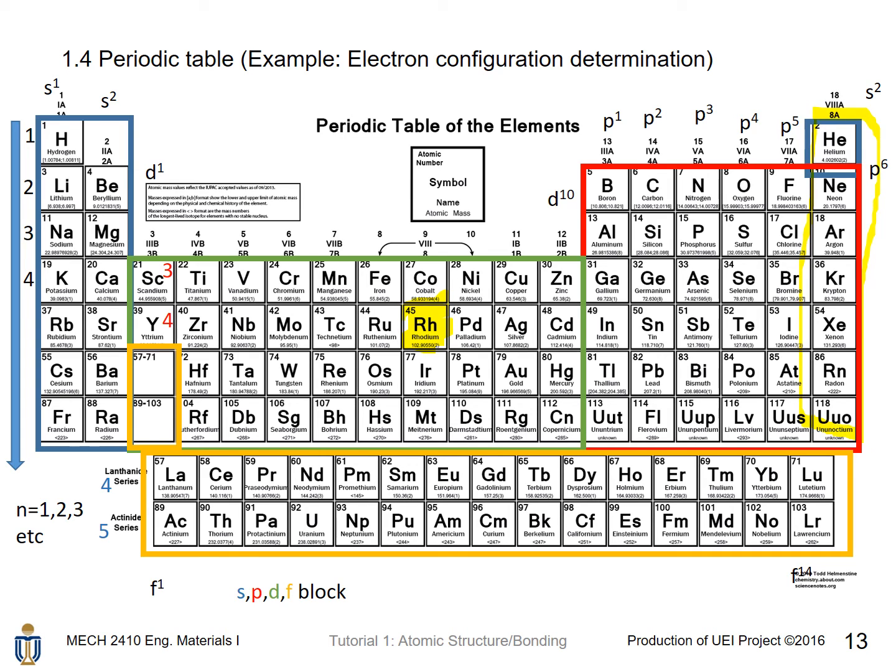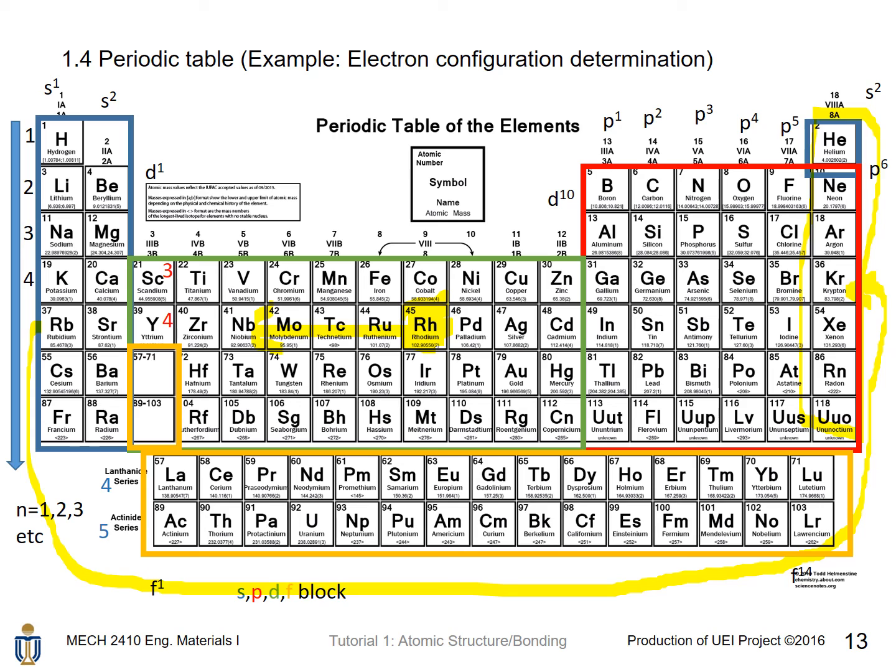If you still remember, if we count leftwards in this direction, there is a decreasing number of electrons. So this one has less electrons, less by 1 compared to rhodium, and so on. And therefore the nearest one will be krypton, which has 36 electrons.